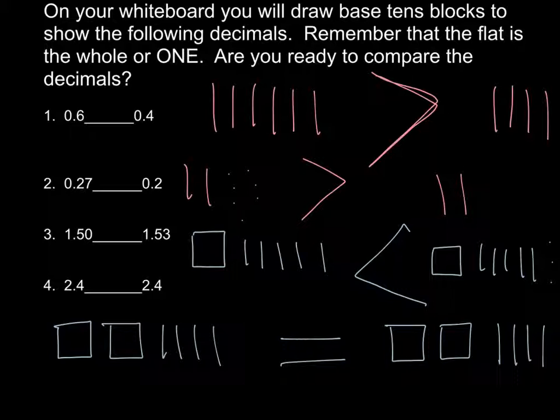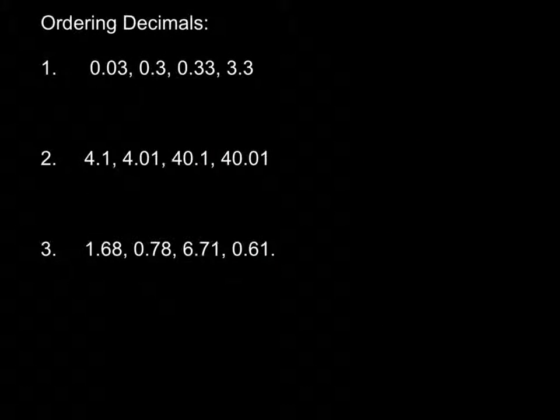We are now going to move on to the topic of ordering decimals. We are now going to look at the process of ordering decimals. When it comes to ordering decimals, we are going to want to put them in order from smallest to largest. Let's take a look at problem 1 together. We have 4 decimals.